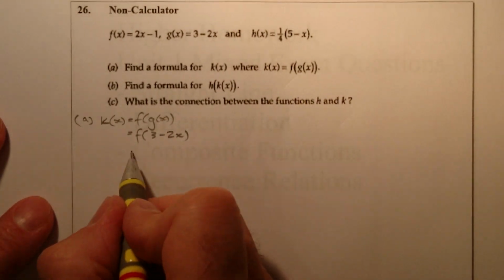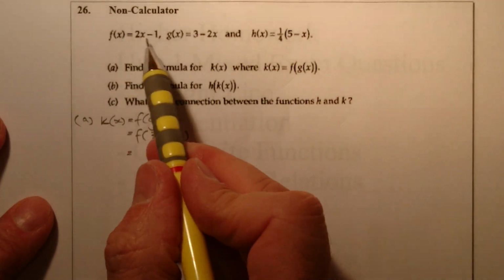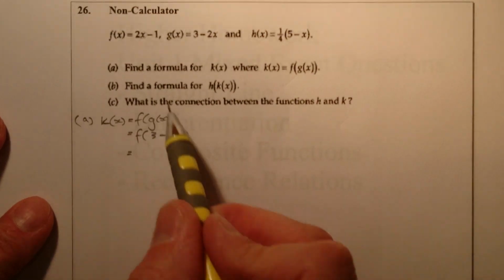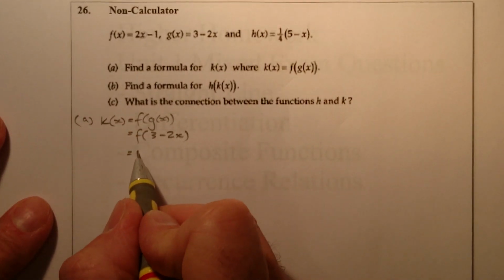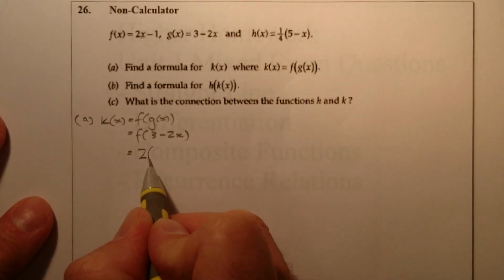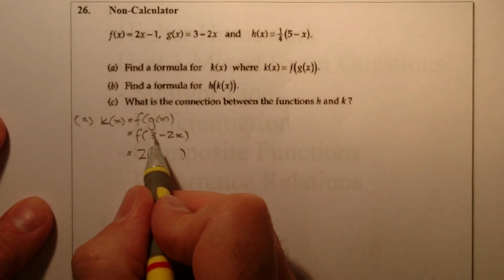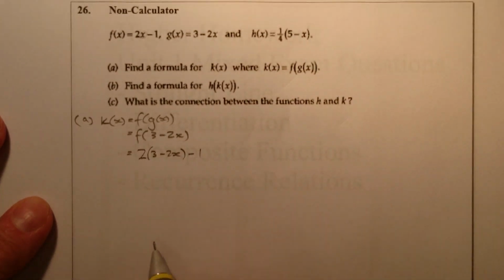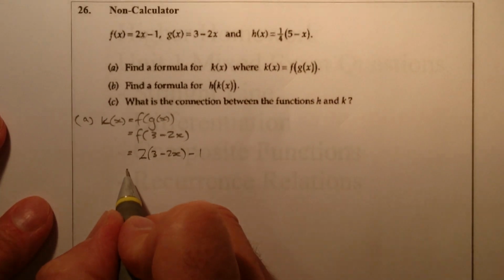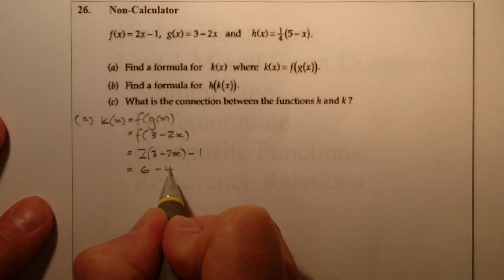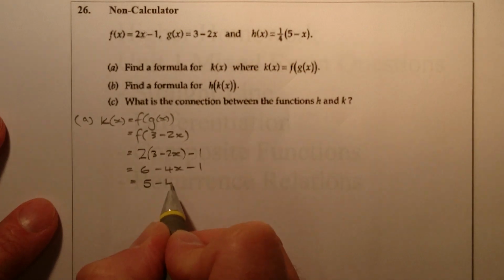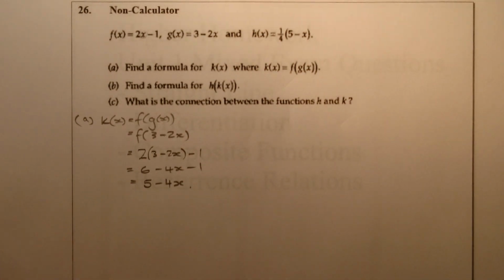Then I'm going to look at the f of x function, and wherever I see the x, I'm going to substitute that bracketed term. So there's the 2. Inside there, where x is, I'm going to put 3 minus 2x, and then I've got a minus 1 sitting there. I'll multiply that through, so it's going to give me 6 minus 4x minus 1. So finally, what I should get is 5 minus 4x. And there's my first part of the question complete.